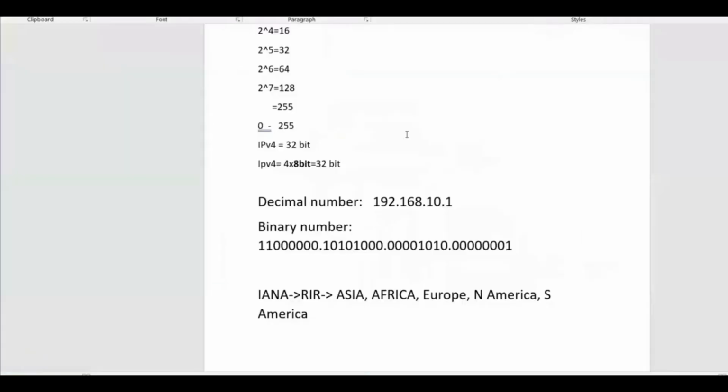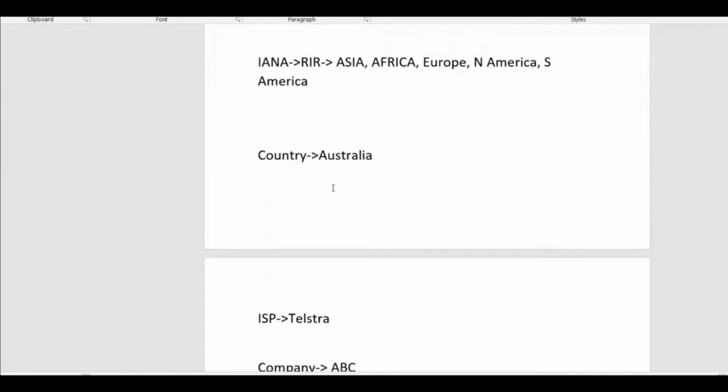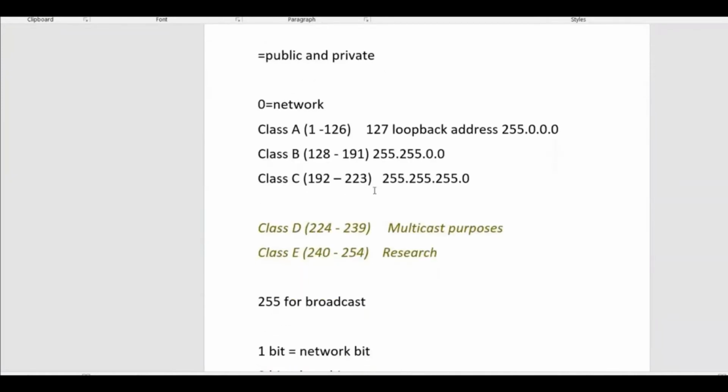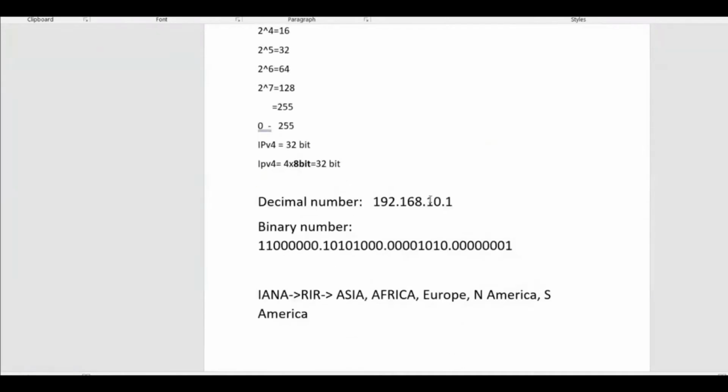So how did we actually get these IP addresses? Let's have a look at how IP address assignment actually happens. Total IPv4 addresses: an IPv4 address is a 32-bit address.